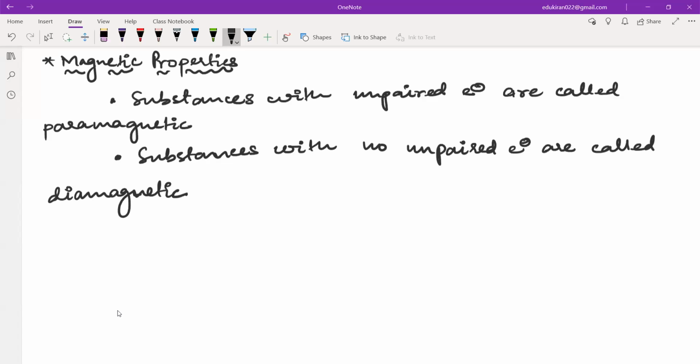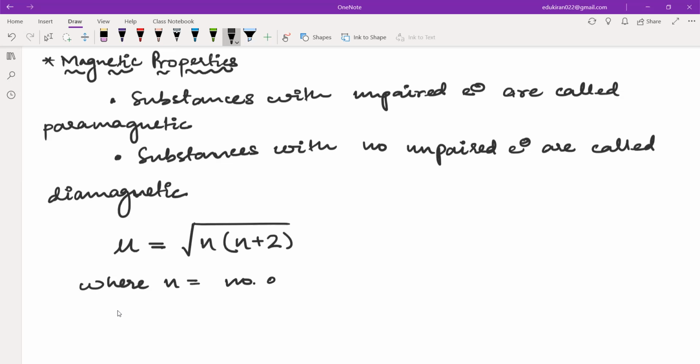Then there is a unit to measure the magnetic property, known as mu, and mu is equal to under root of n into n plus 2, where n is the number of unpaired electrons. You got it? Yes or no?